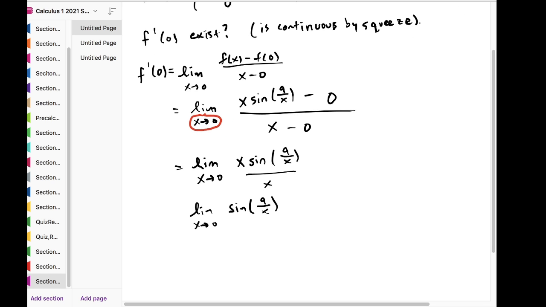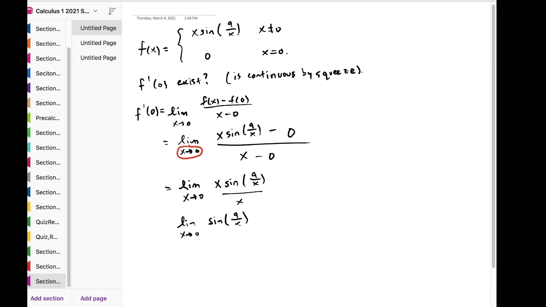Does it exist? If it exists, that means this limit exists. Does this limit exist? No. Does not exist. So no, it does not exist.